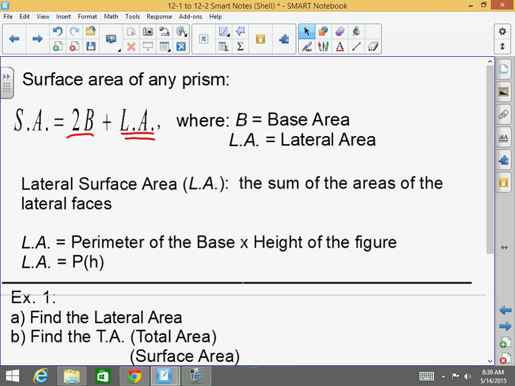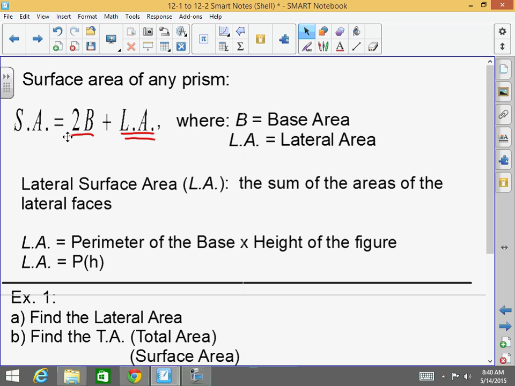No. It's very easy to find the lateral area because it's the perimeter of the base times the height of the figure.